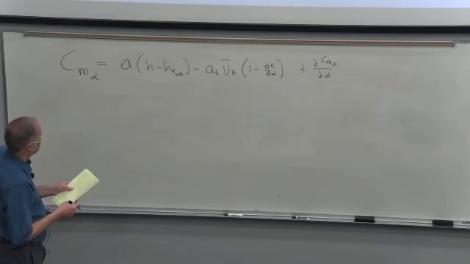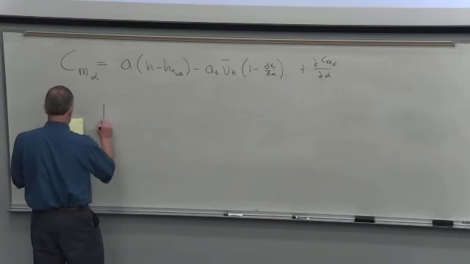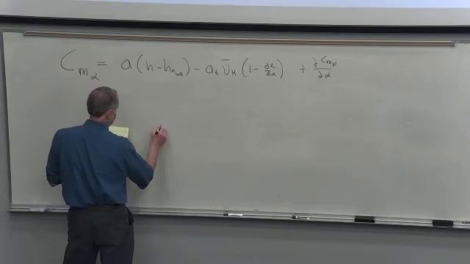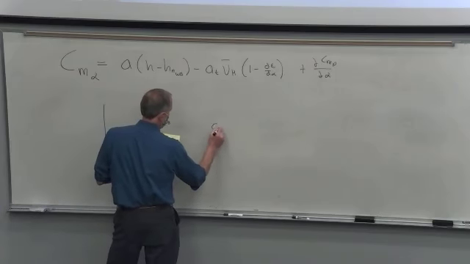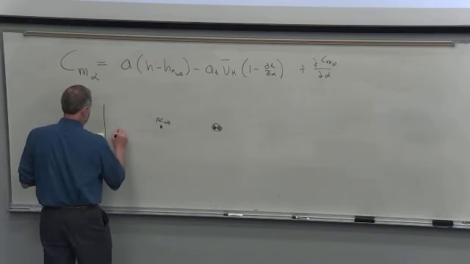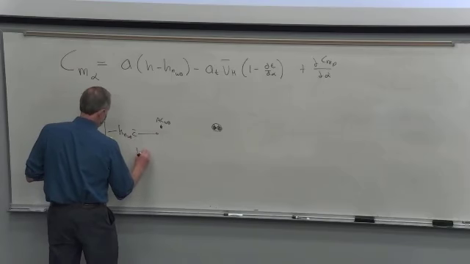And let's draw a picture of what's going on here. So there's the aerodynamic center of the wing. Here's the CG. Here's the distances.